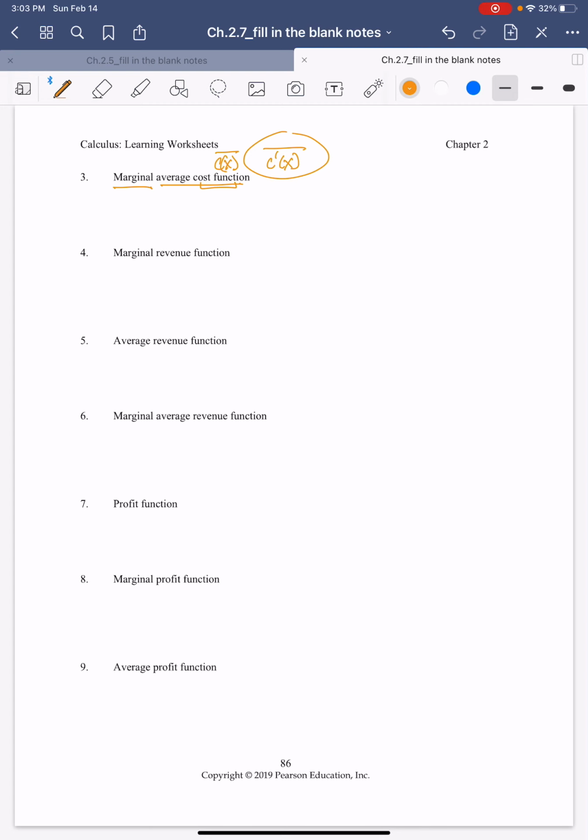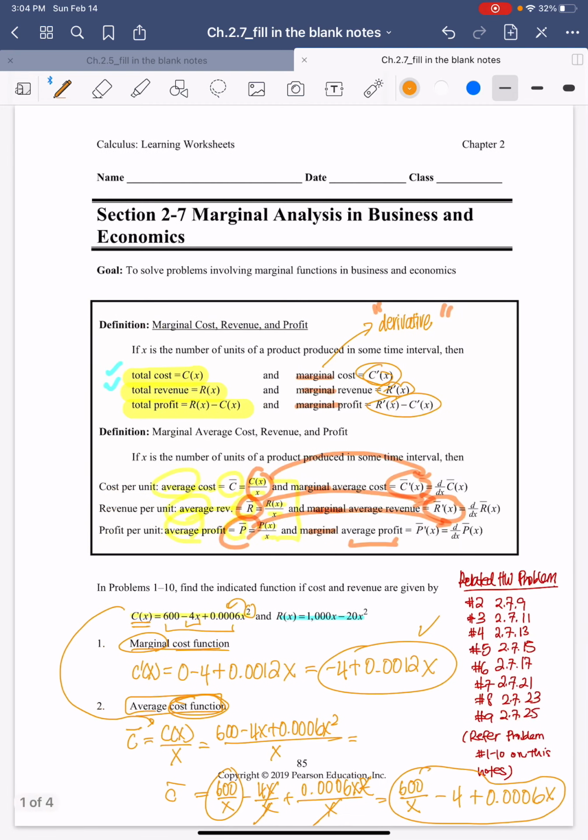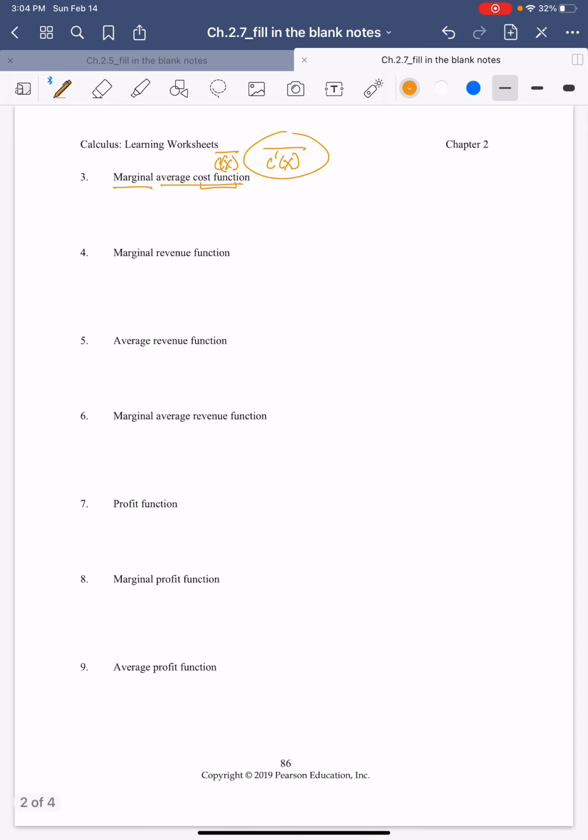Okay, well, we found the average cost function already here on part 2. C bar was 600 over x minus 4 plus 0.0006x from number 2. However, I need to take marginal.